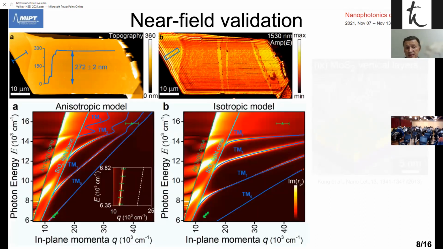Similar results were obtained in a very wide wavelength range, basically from visible up to 1630 nanometers. Then we used it to estimate the dispersion of the mode, and these experimental results were overlapped with the corresponding dispersion color map for isotropic and anisotropic models. One can clearly see that indeed we are dealing with highly anisotropic material, as proved by the perfect agreement between theory and experiment.